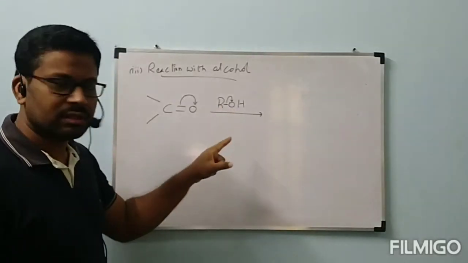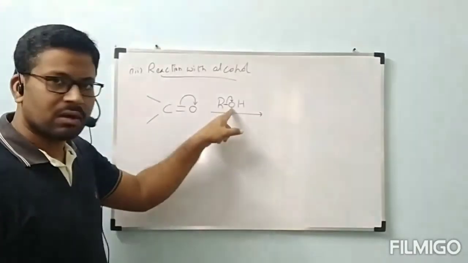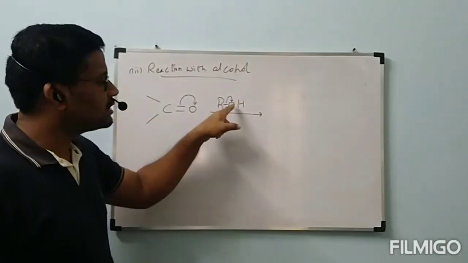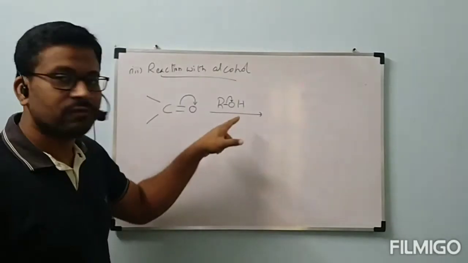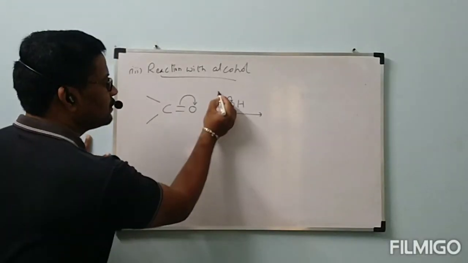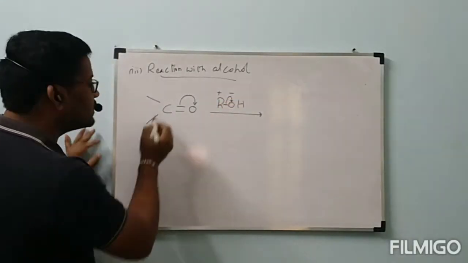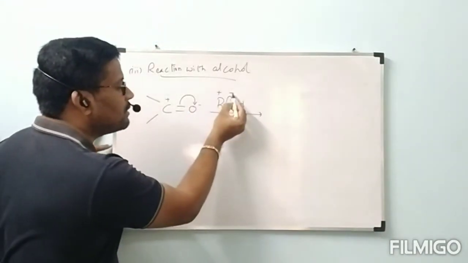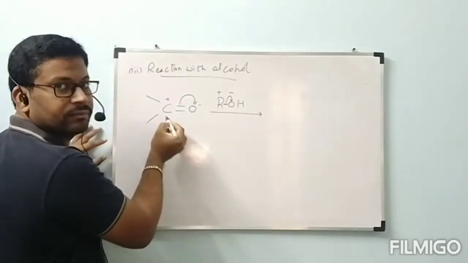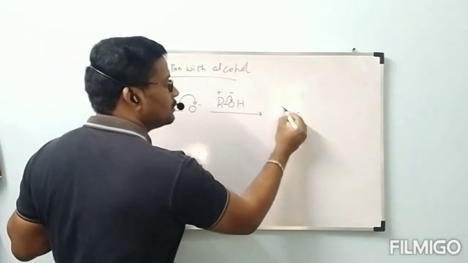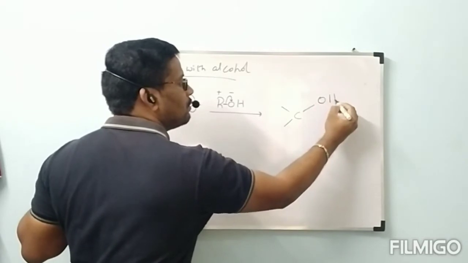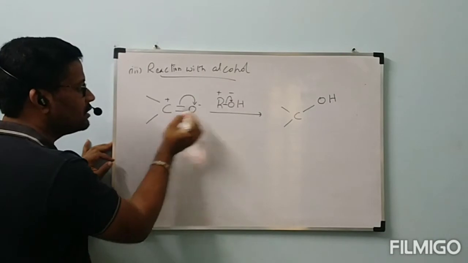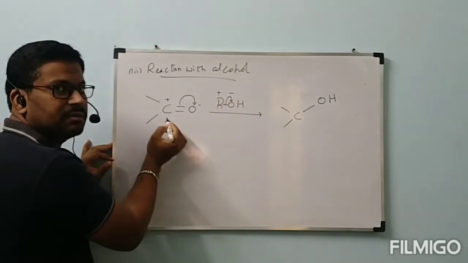Coming to ROH, in the RO bond, oxygen is more electronegative, so the bond shifts towards oxygen. It will form OH minus and R plus. Then this O minus, that is OH minus, will attack this carbon and form a bond with carbon.